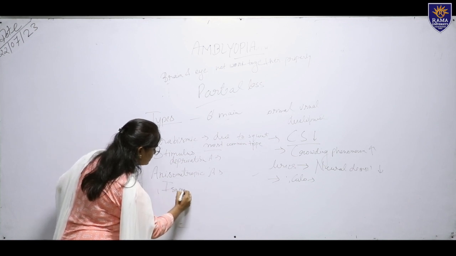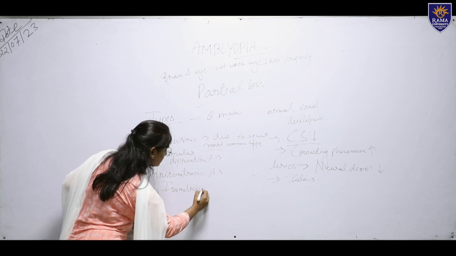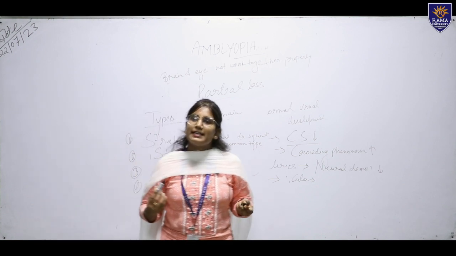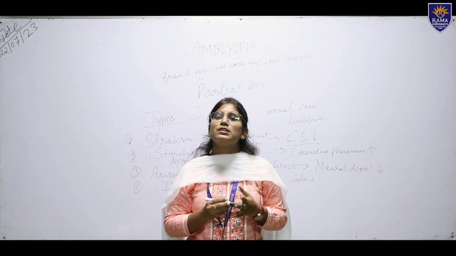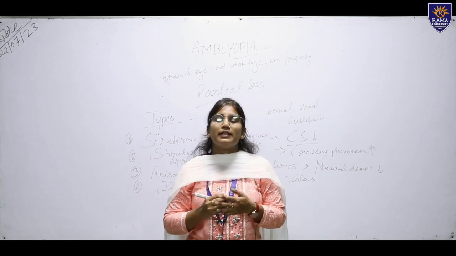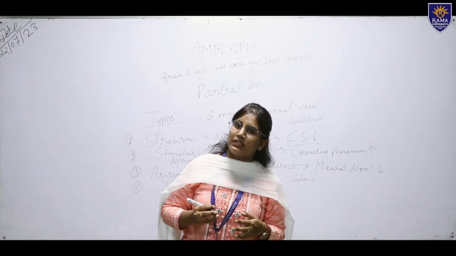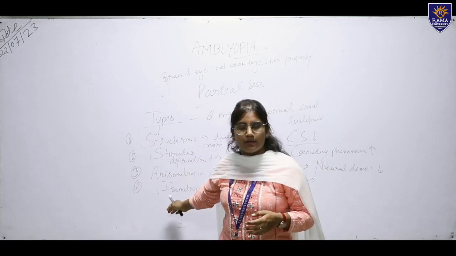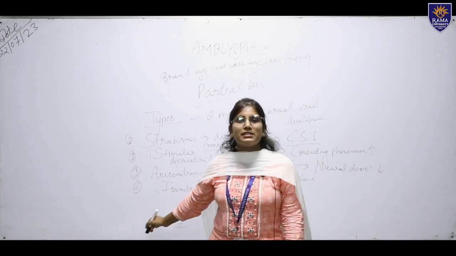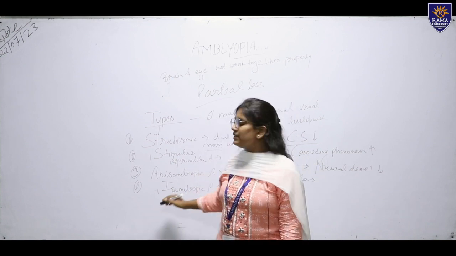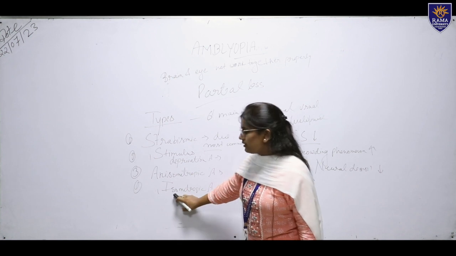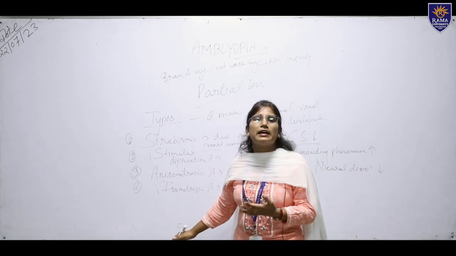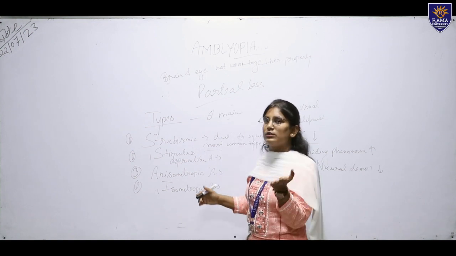Next type is isometropic amblyopia. As the name indicates, isometropia means equal refractive error in both eyes. It means uncorrected myopia or uncorrected hypermetropia in both eyes.